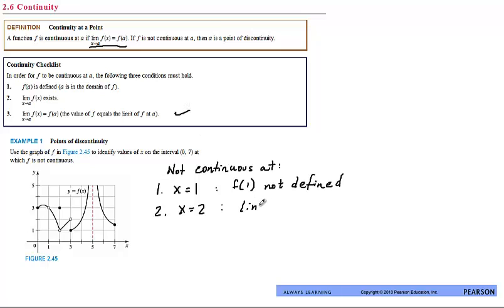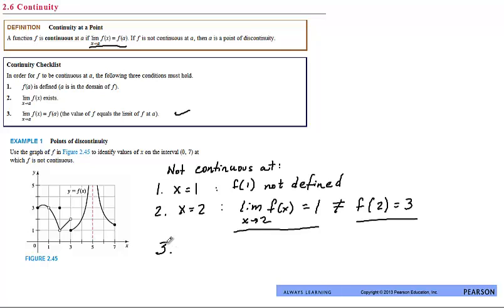The limit as x goes to 2 of our function equals 1, which is not equal to f of 2, which happens to equal 3. So this chunk does not equal that chunk, and that would be your reason. If asked to give a reason why it's not continuous, you would need to state one of these reasons. That's why I'm modeling this behavior.